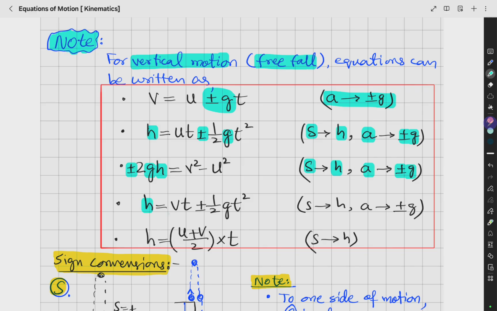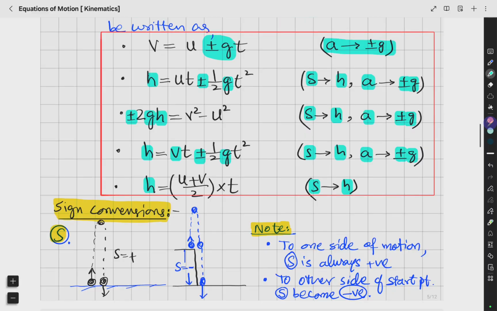Fourth equation, s is vt minus half at squared, but here we have replaced s with h and a with plus minus g. And the last equation, s is (u plus v) over 2 into t, so we just replace s with h. So for vertical motion, you have to change some things.